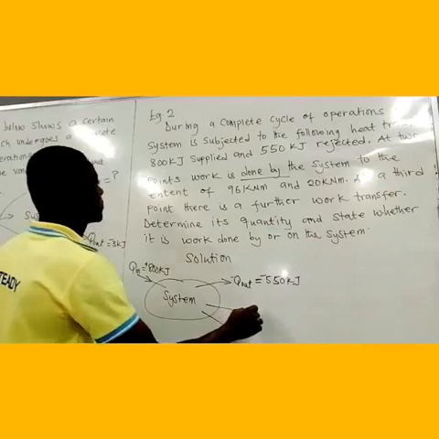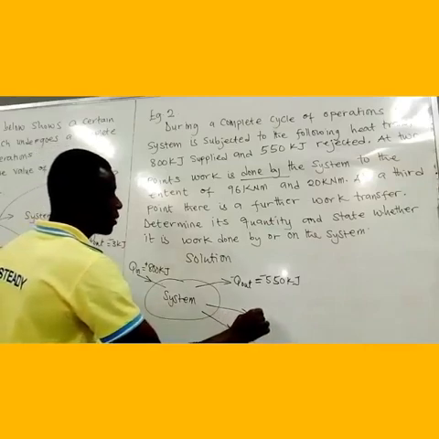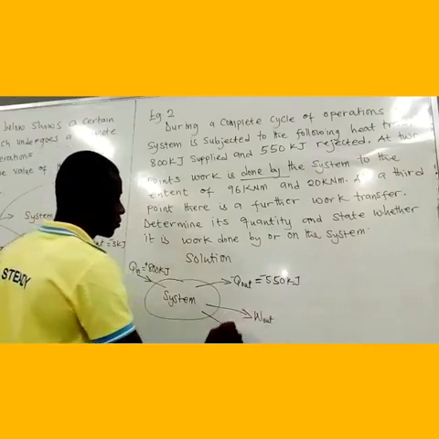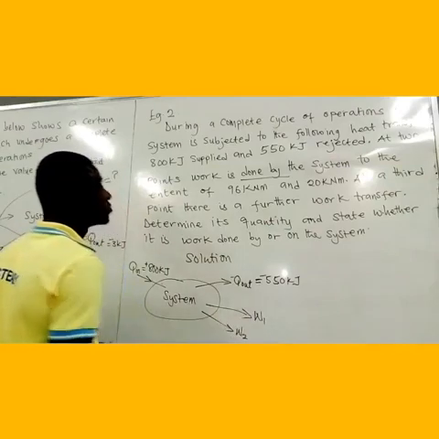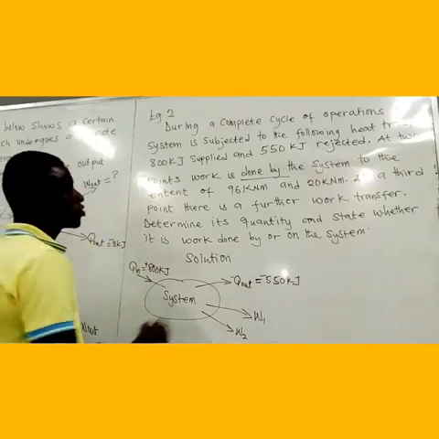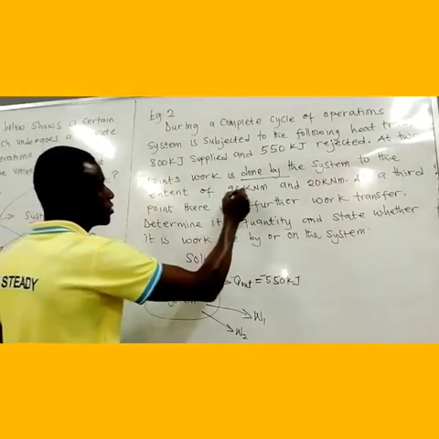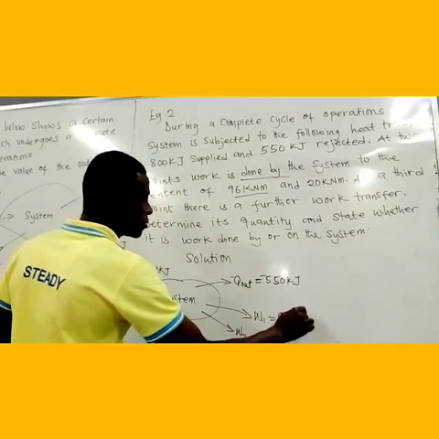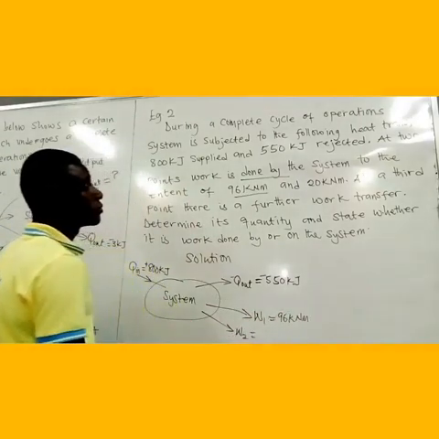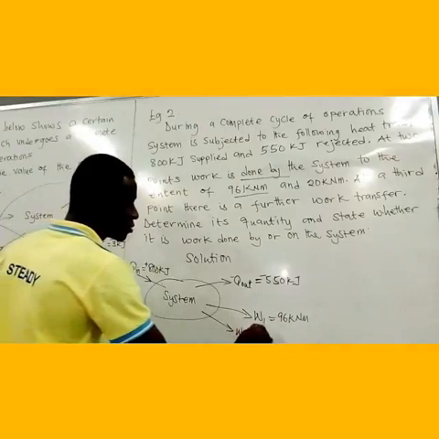So we have work done by the system, work out, another work out, so work out 1, work out 2, to the extent of 96 kilonewton meter, and then 20 kilonewton meter.